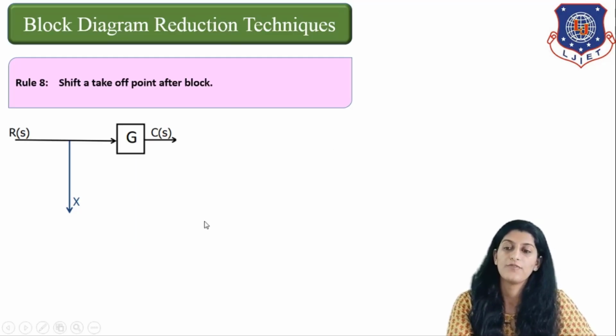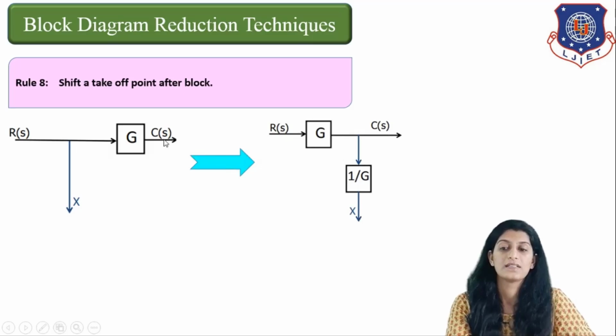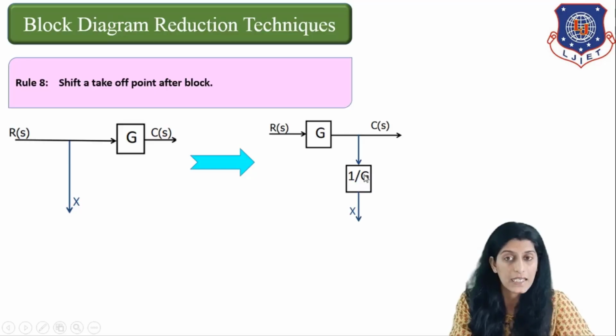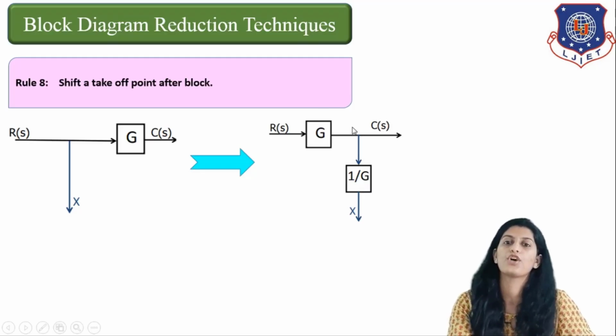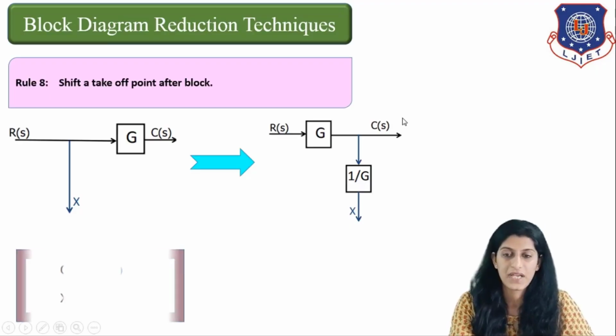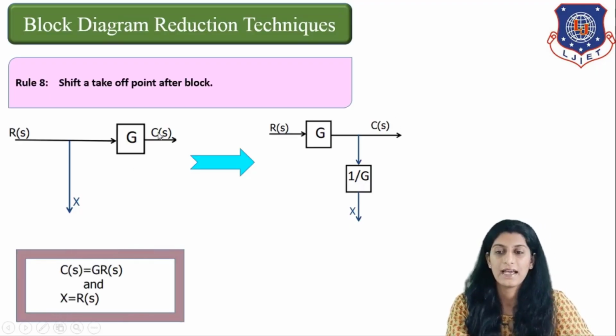If I want to shift this particular point from here to this side, what we need to do is just add 1 by G. Whatever the transfer function is, you just need to take the inverse of your block transfer function and then you can get the desired results. So here C of S is given by G into R of S.